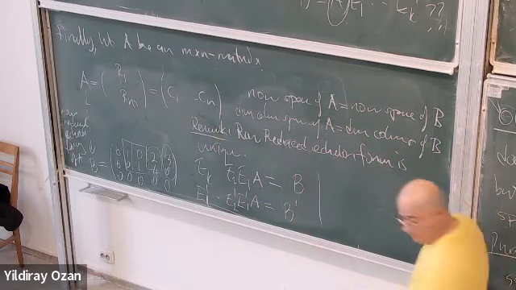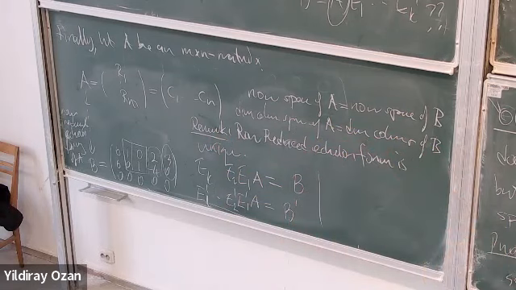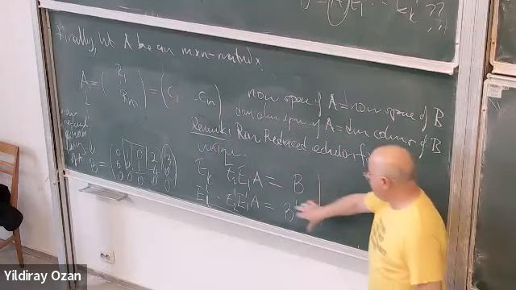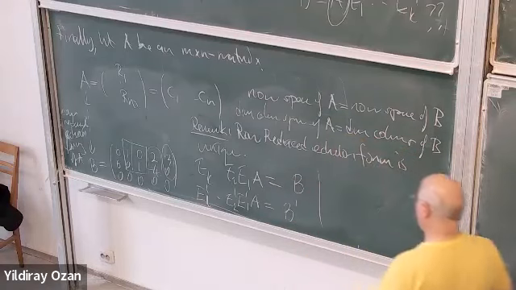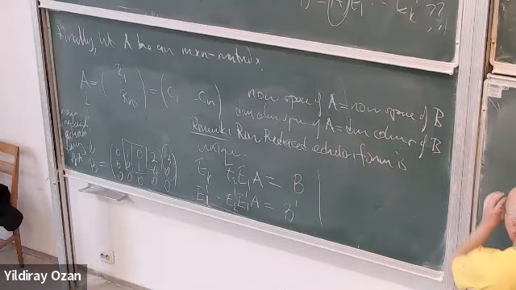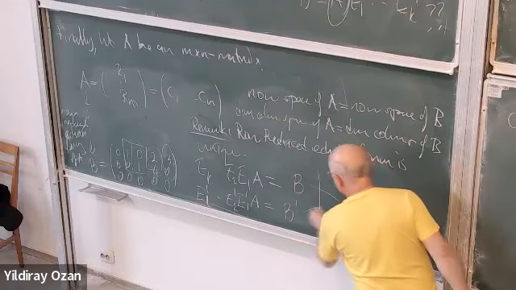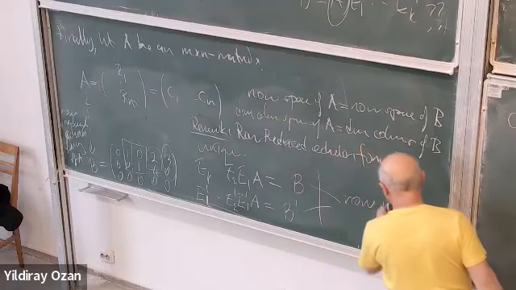Well, it is because of the following. The claim is B is B prime. These are row reduced echelon matrices.